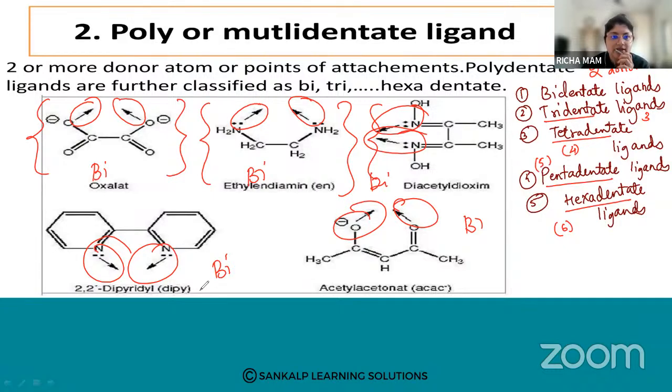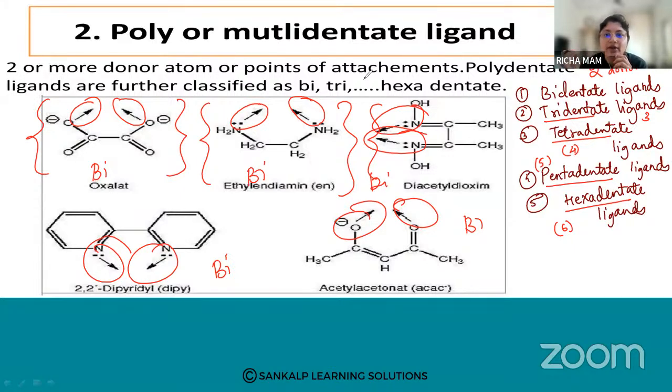In today's class, we have completed monodentate or unidentate ligands. Then we saw what polydentate or multidentate ligands are. When you have two or more donor atoms, or the points of attachment are more, we term them polydentate ligands. Depending upon the number of donor atoms, these are further classified as bidentate, tridentate, tetradentate, pentadentate, and hexadentate ligands.